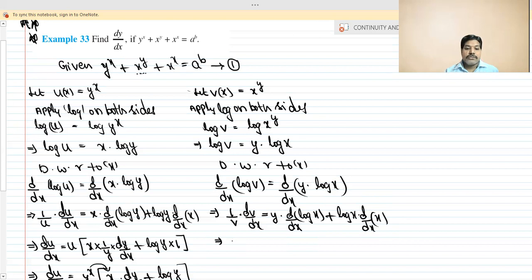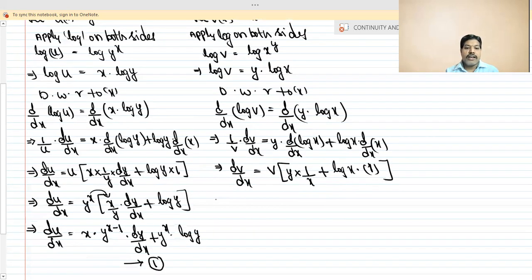So dv by dx is equal to v into y into the derivative of log x, which is 1 by x, plus log x into d by dx of x.